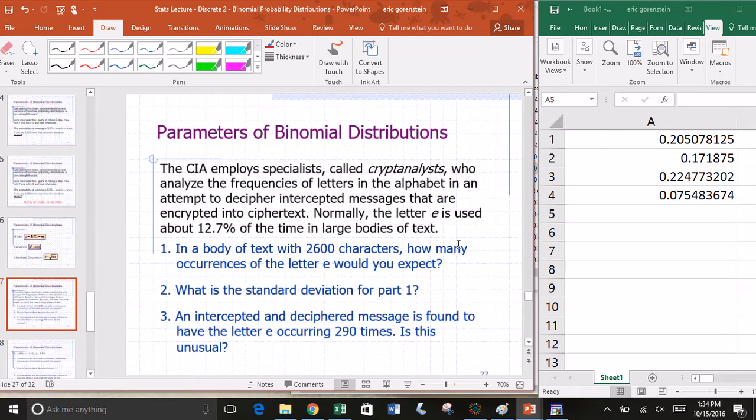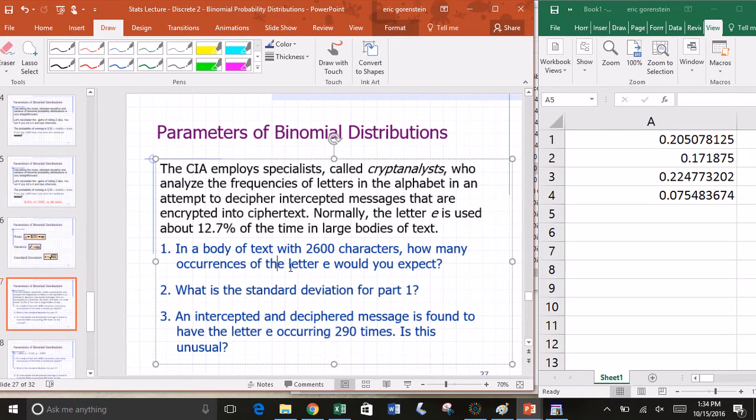Only two outcomes, the letter E and the letter not E. And we have a fixed number of trials. There's 2,600 characters, and we'll assume these characters are independent. You could maybe make an argument that they're not, but most likely they would be independent. It really depends on the actual text. But we have a fixed number of independent trials with two possible outcomes, E or not E, and a fixed probability of success, the 12.7%.